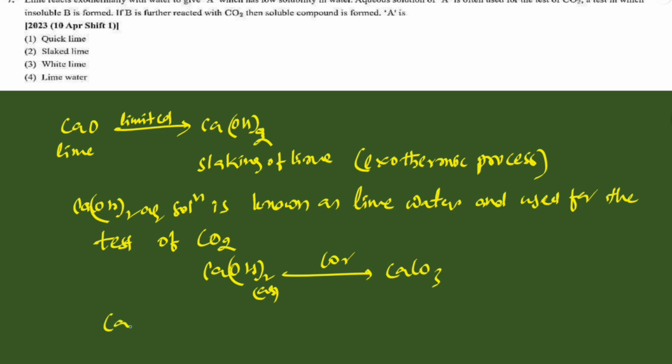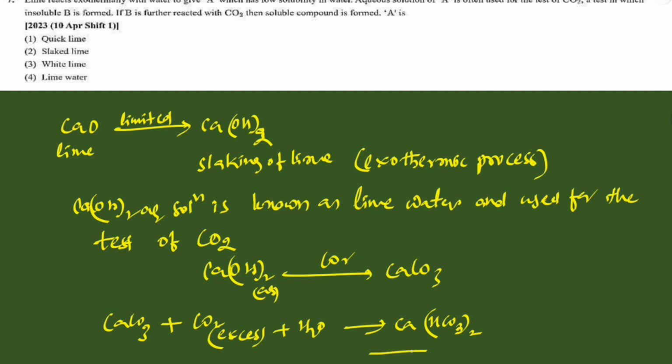Now CaCO3, calcium carbonate, with excess carbon dioxide and water gives calcium bicarbonate, Ca(HCO3)2. CaCO3 plus excess CO2 plus H2O gives calcium bicarbonate.